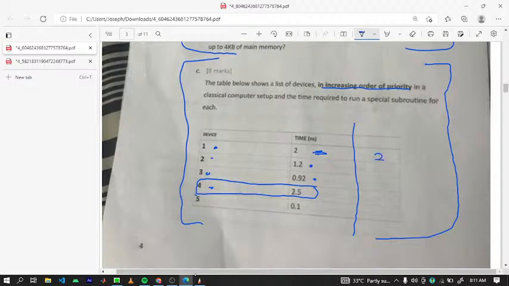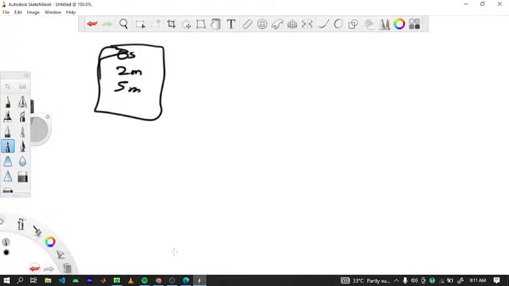If device five sends out an interrupt when device two just started, it will have to wait 1.2 nanoseconds. But if device five, you have to wait 0, and 2.5. So what is the worst time? That's how we determine the longest time, you understand? That's 2.5 nanoseconds. I hope you understand.